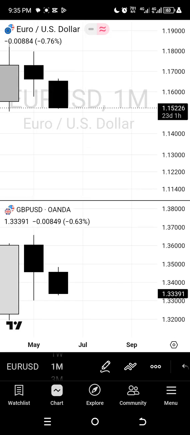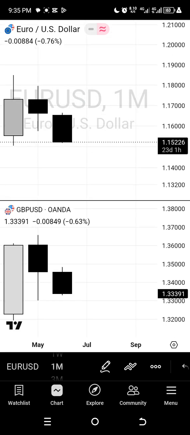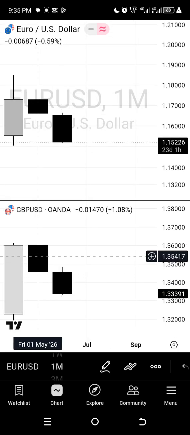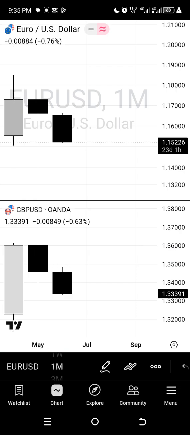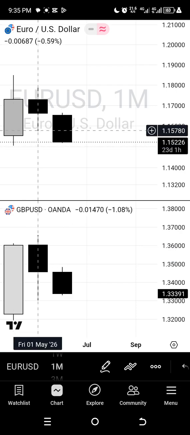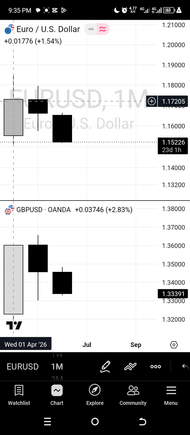Looking at GU, you can clearly see that this second candle on GU perched the high of the first candle, which is our candle number one, and this second candle here on EU didn't perch the high of the first candle. So that simply means that we have an SMT based on candlesticks.